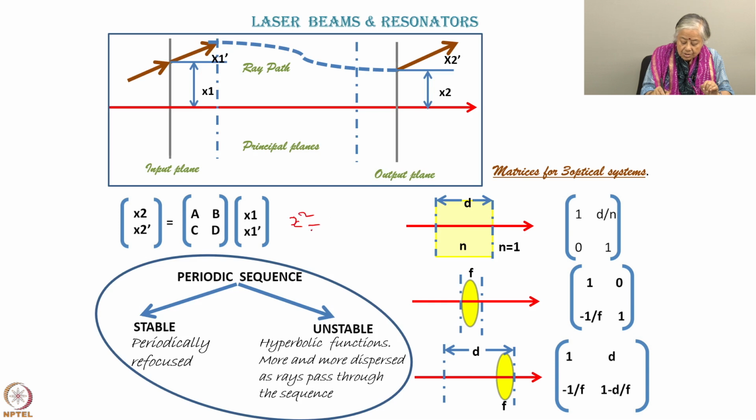Okay. So, x2 is equal to A x1 plus B x1 dash. Okay. So, this is one equation. Now, x2 dash is equal to C x1 plus D x1 dash.